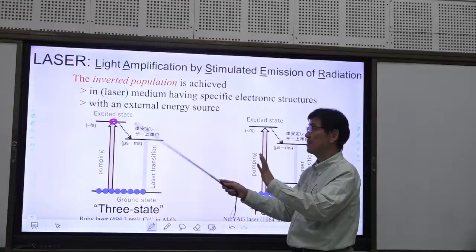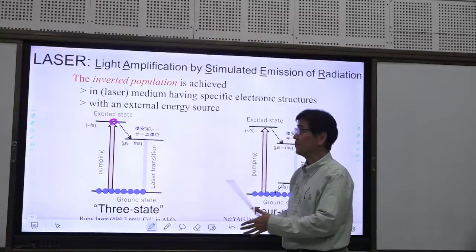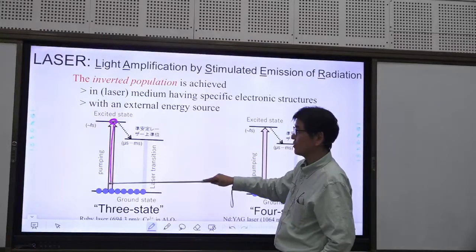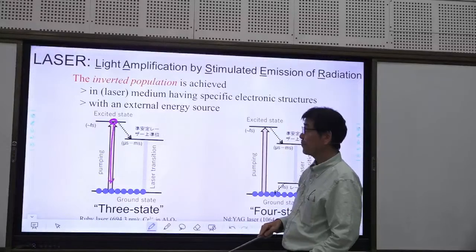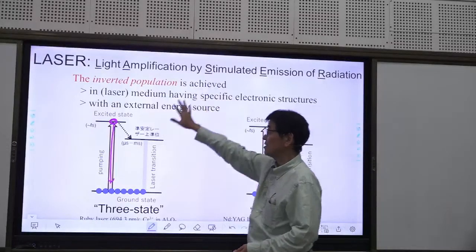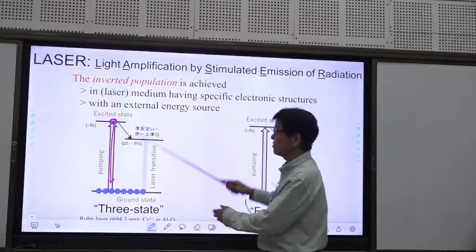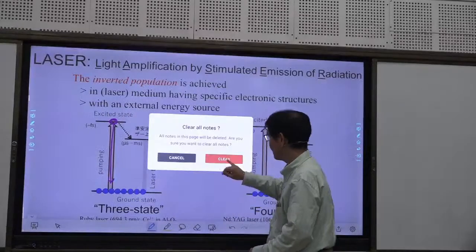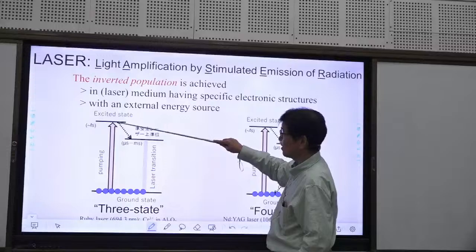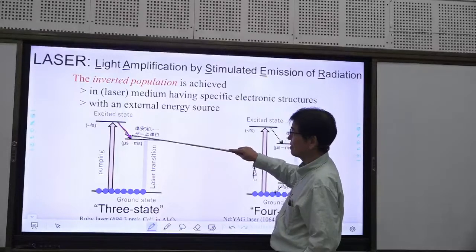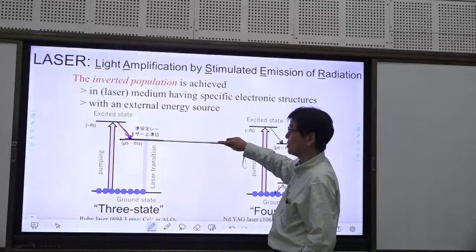If this system is left as it is, it should return to the original position immediately. But in this special laser medium, this population does not return, instead goes to a sub-state.